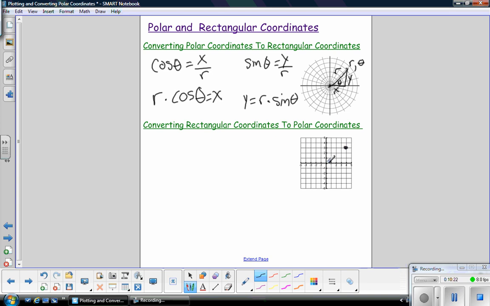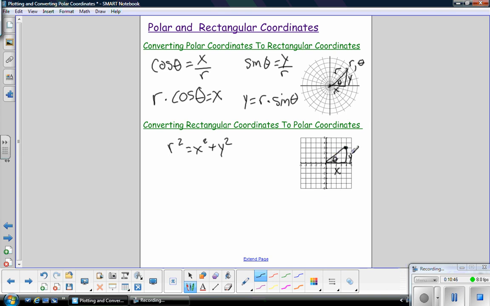So I have that point there. I have a certain x value, a certain y value. I need to get the radius, that length. That's easy. r squared is equal to x squared plus y squared. And then I need to get this theta.